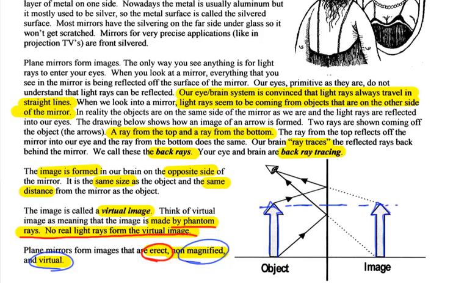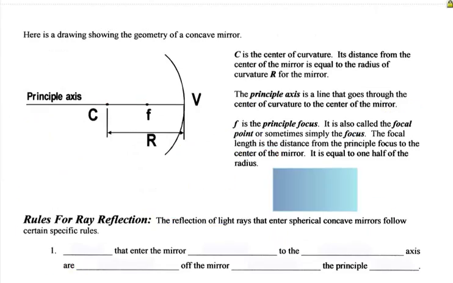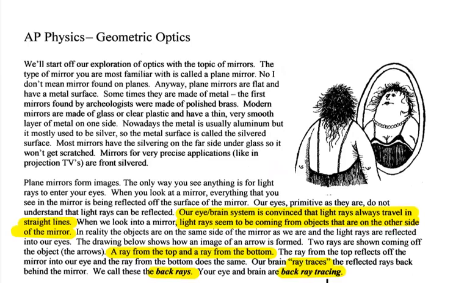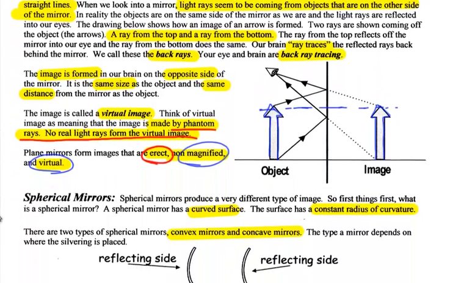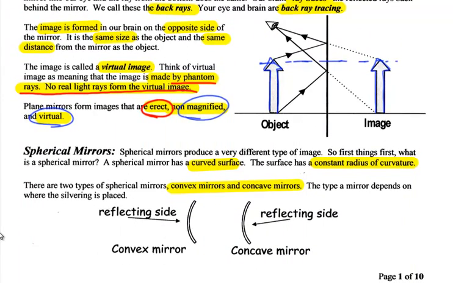We are going to apply all of this onto curved surfaces, and we're going to focus primarily on mirrors in the first part of these notes. So, spherical mirrors: we are going to be dealing with curved surfaces. For us, we're going to have a constant radius.